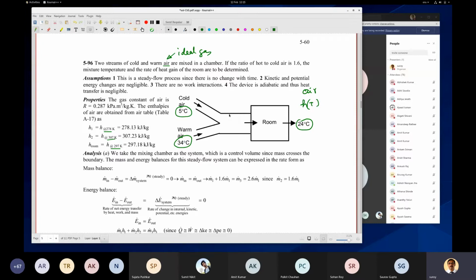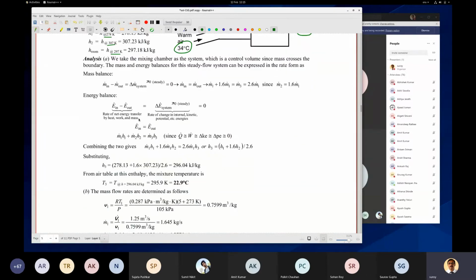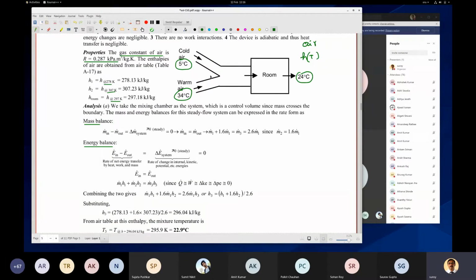Once you get the properties, you apply the law, and the gas constant for air is known, so you can calculate. You have to do the mass balance and energy balance. These are very important, especially because, unlike one inlet and one outlet, there are multiple inlets here.